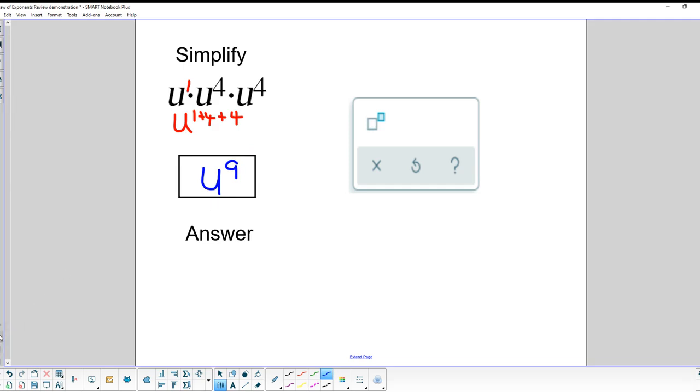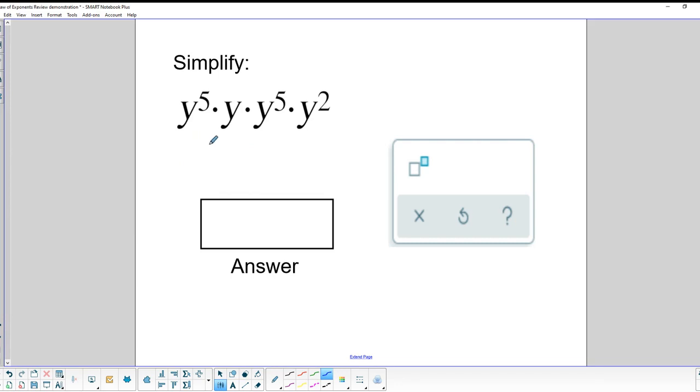And let's try another one. On this one, we've got y to the 5th times y to the 5th times y to the 2nd. So we have a few extra y's in there. Let's go ahead and make sure we put a 1 on that y that doesn't have an exponent because it's just always understood that it's there. And now let's go ahead and add the exponents.